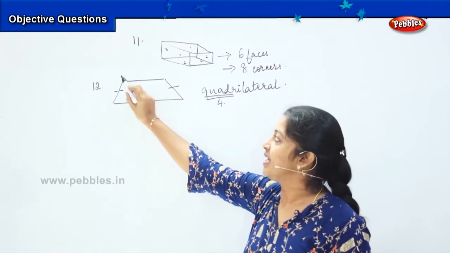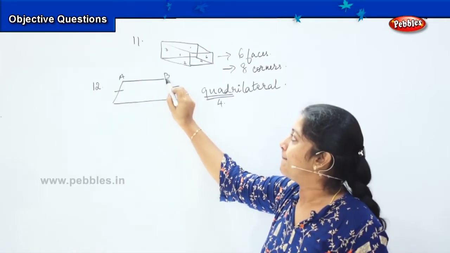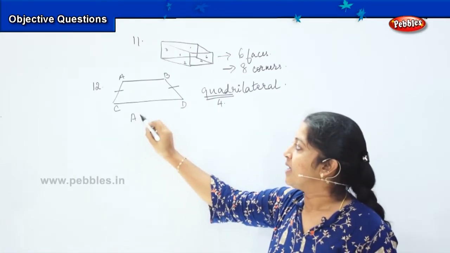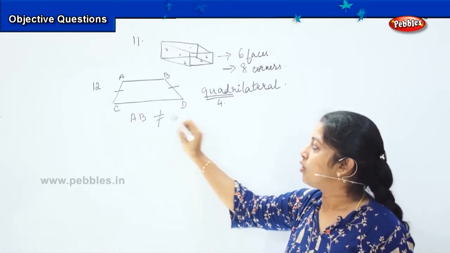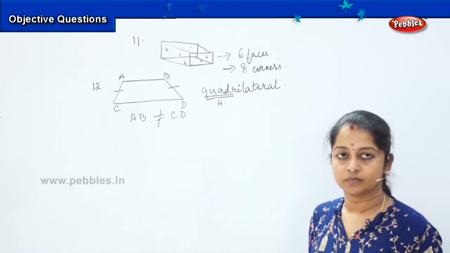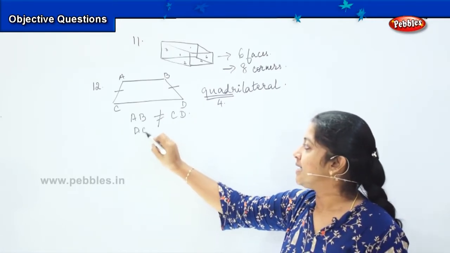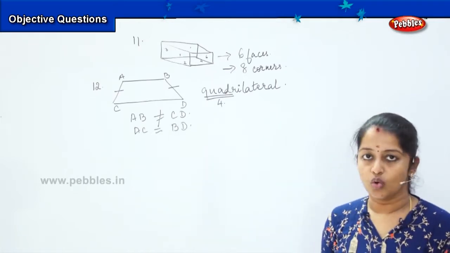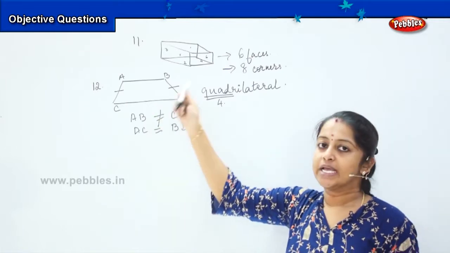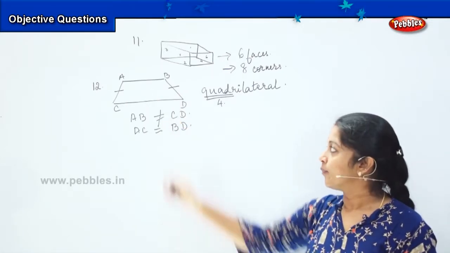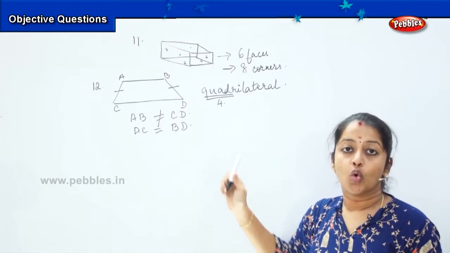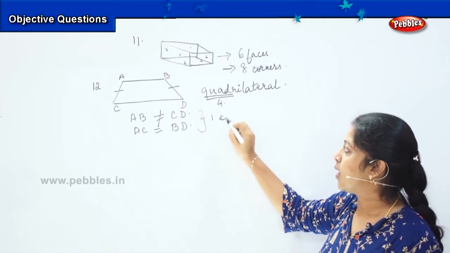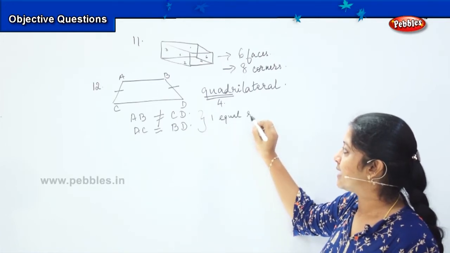If we name the figure as A, B, C and D, then A, B will not be equal to C, D, but my AC will be equal to B, D. So, in short, a quadrilateral is a figure drawn with 4 sides having only one side equal.